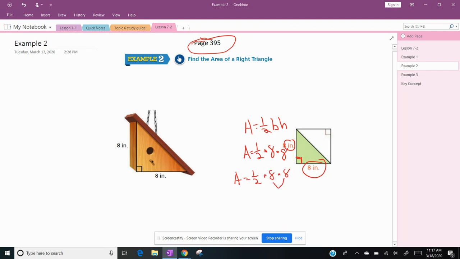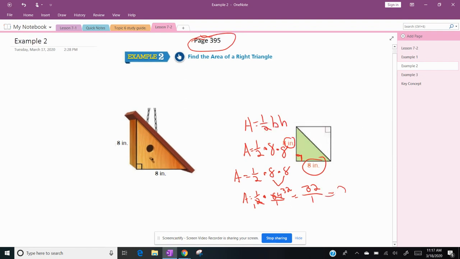So I'm going to do 8 times 8 first, which is 64. Area equals 1/2 times 64. To do that, I can put 64 over 1. Simplify, I get 1, 2 from 2. If I divide 64 by 2, I get 32. This will give me 32 over 1, which is just plain old 32.